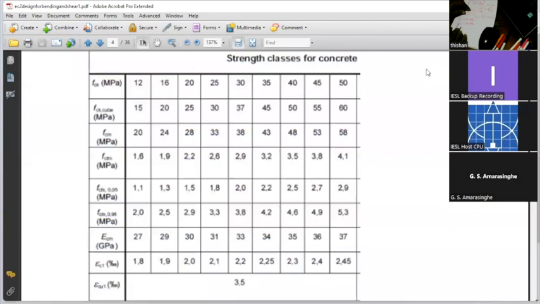Right? So if you look at the tension values, here you get the tension values, yes. And if you are using that type of concrete, the tension values will be in the range of 2.2 newtons per millimeter square, the tension value.